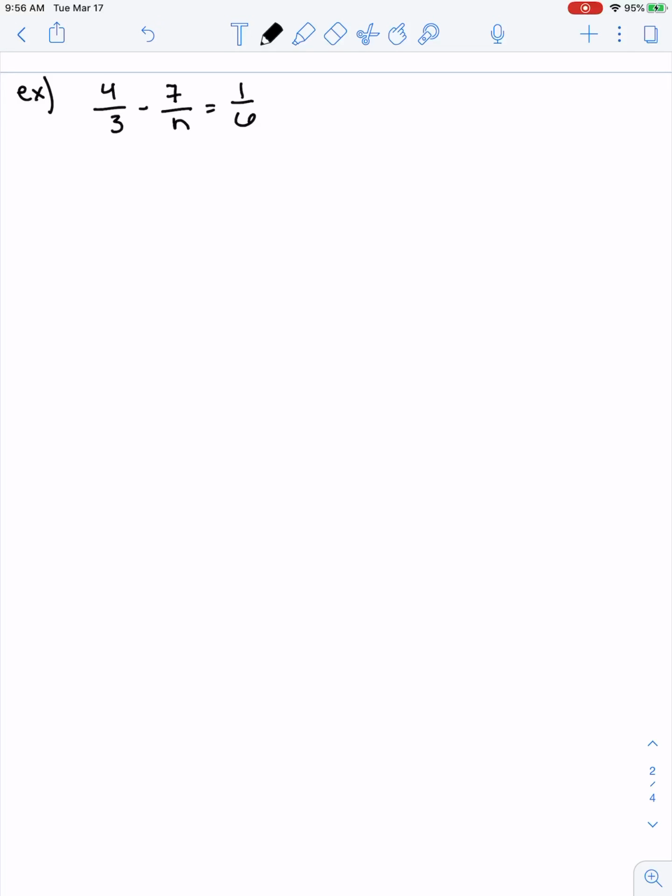If I look at the first term, if I multiply this by 2n over 2n, I'll end up with 6n, which means I need to multiply this term by 6 over 6 to end up with 6n, and I need to multiply this term by n over n, and hopefully now they will all end up with a common denominator of 6n.